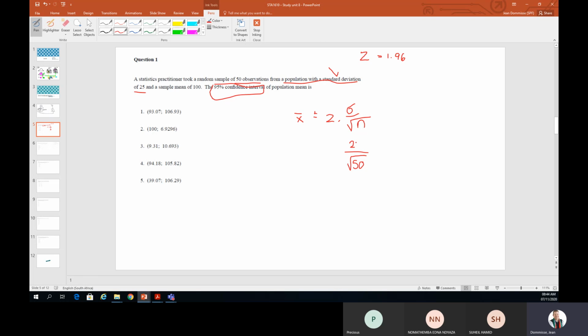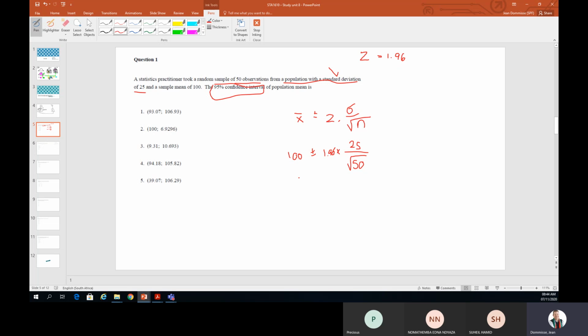So we know that the standard deviation is 25. We know that Z is 1.96 and a sample mean of 100.